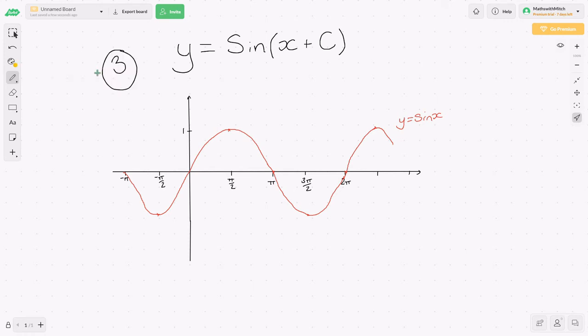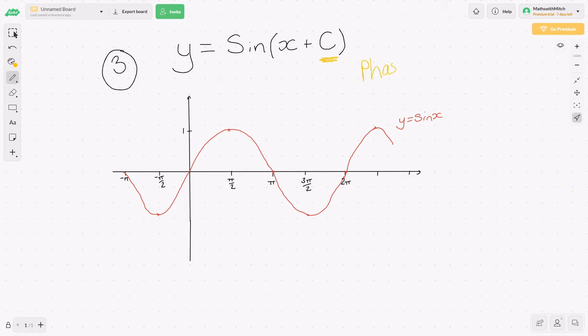A phase shift is a shift or a literal move of the graph, and for this, when the coefficient is within the brackets with the x term, it is moving horizontally. So it's going to shift the entire graph in a horizontal direction dependent on what this term is. And this phase shift is horizontally to the left.